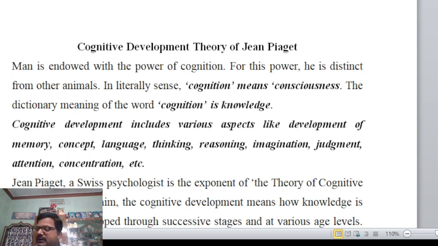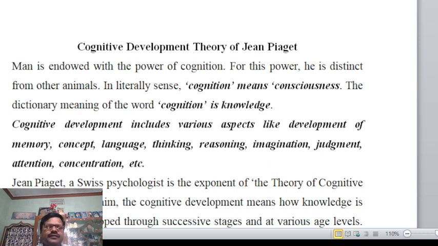You know well that each and every human being is endowed with the power of cognition. For this, human being is different from the animals, and human being is called the supreme being of the world because human being has the cognition.